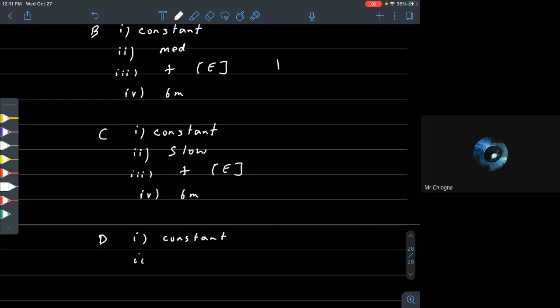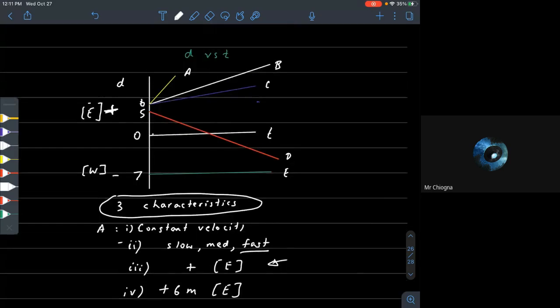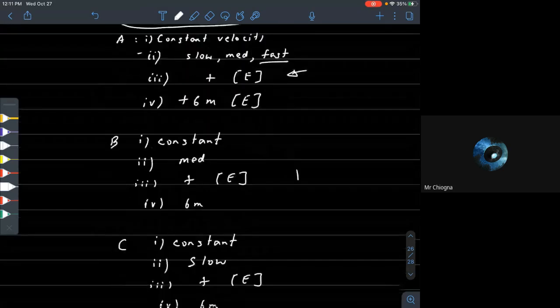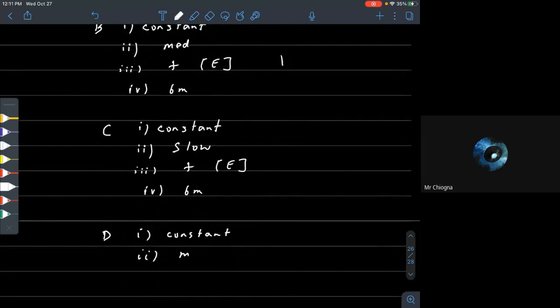I would say it's a negative slope, but it's relatively fast. I would say medium to fast. You can put medium. It's very subjective, but medium, I'd accept that. Medium or fast. It doesn't matter what order you write these characteristics. What's the difference now as far as the direction? Now you're moving towards the west. It's got a negative slope. Another way of saying that is west.